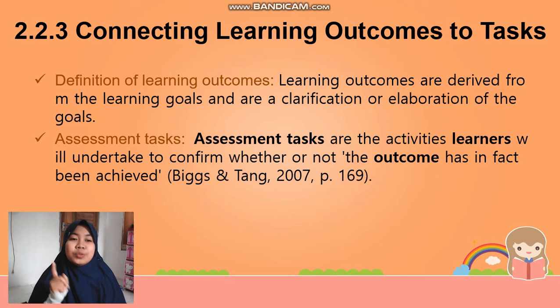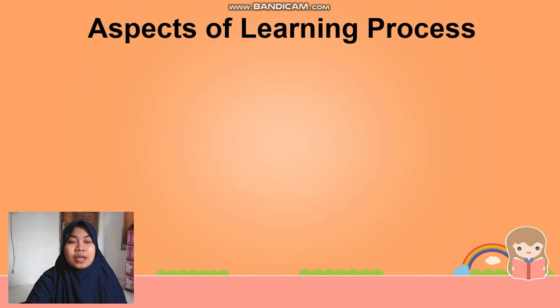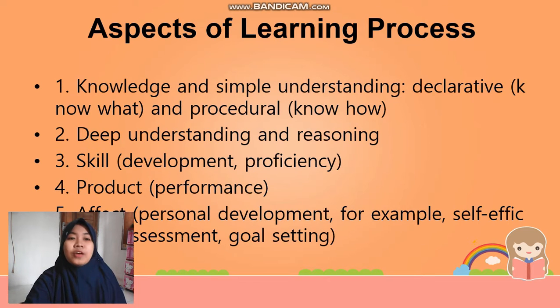And to make the assessment task, we need to consider the 5 aspects of the learning process. Here are the 5 aspects of the learning process. First is knowledge and simple understanding, declarative, know what, and procedural, know how.